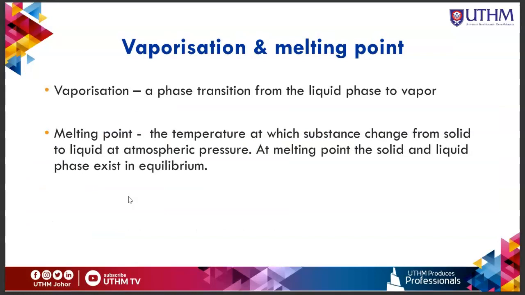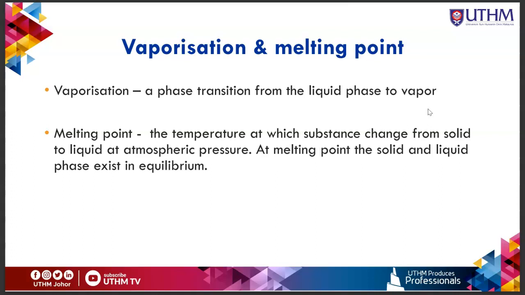In terms of vaporization and melting point, this is the temperature at which the substance transitions from the liquid to a vapor. It is particularly relevant for volatile substances, and the melting point is the temperature at which a solid substance transitions into liquid. So, why is it important?